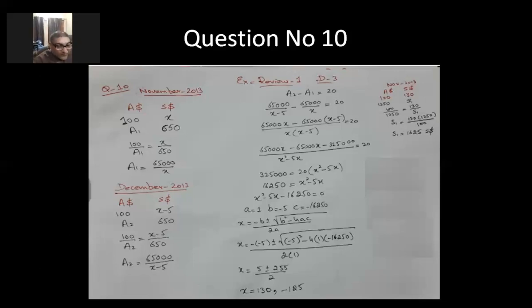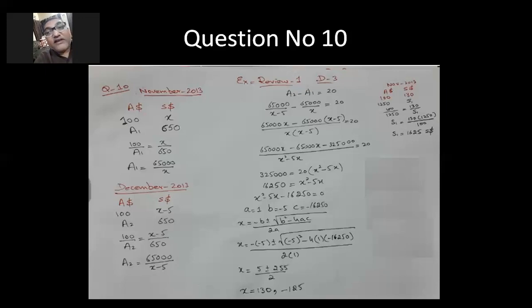Now at the end of the question, they say, Mr. Neo found that for every 650 Singapore dollars he exchanged in December 2013, he would receive 20 Australian dollars more than if he exchanged in November 2013.